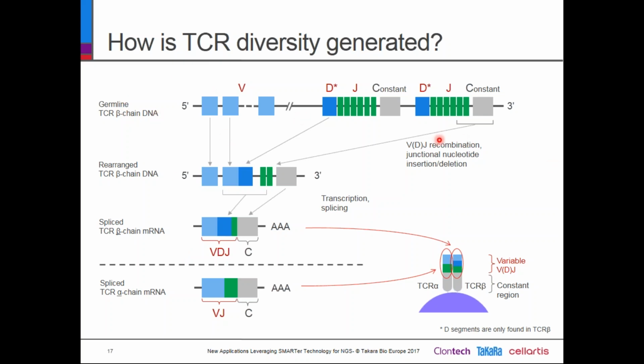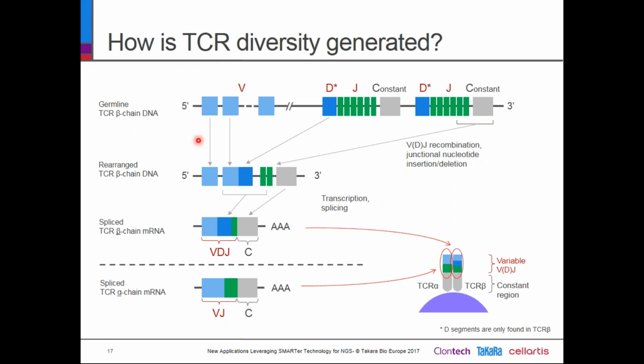This locus contains several segments, which are called V for variable, D for diversity, and J for joining. And during the development of the T cells, there is a process called VDJ recombination, in which some of these fragments are, let's say, cut and pasted together. And of course, the combinations are multiple. Depending on which V, which D, and which J segment is chosen, you will have a different sequence.